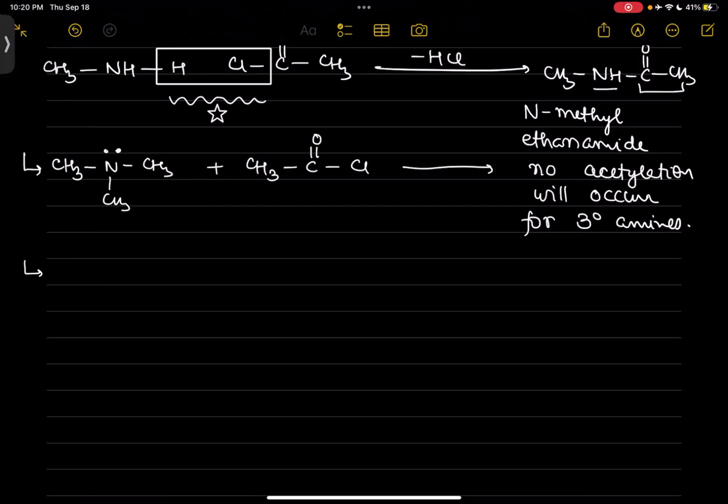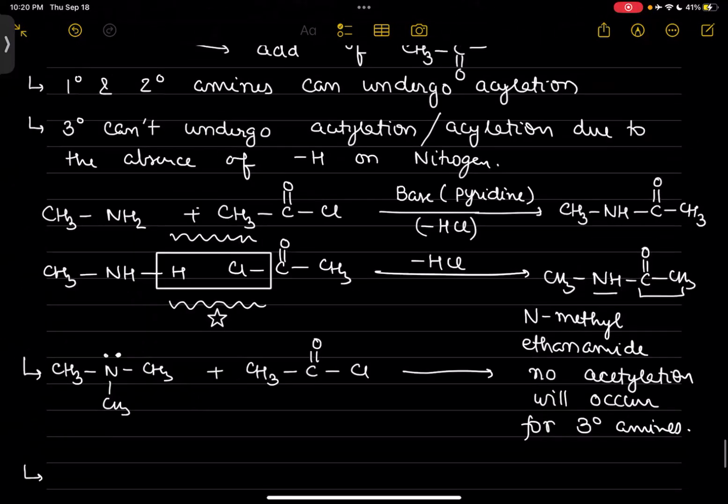What is the name of the acetylating reagent which is causing acetylation to happen? A base is actually absorbing the HCl.